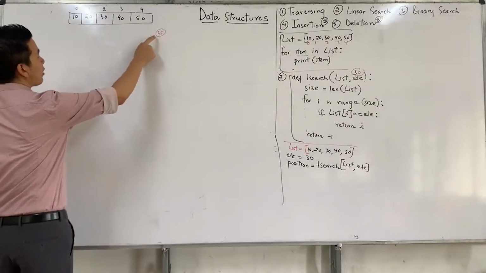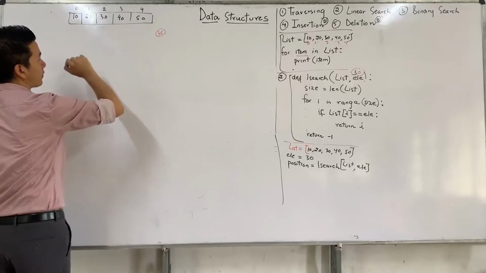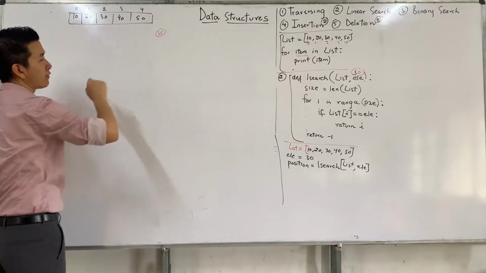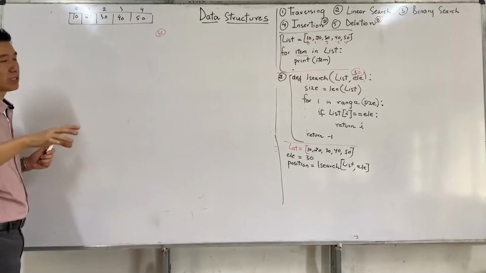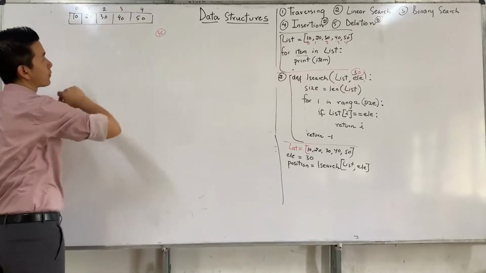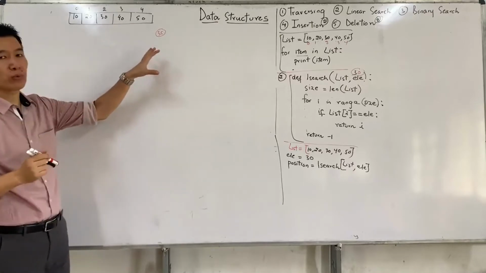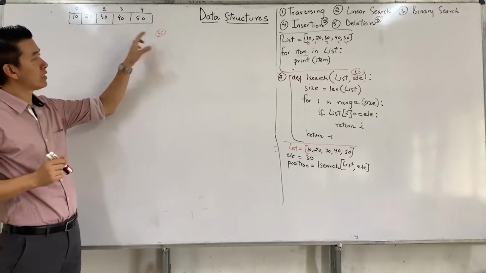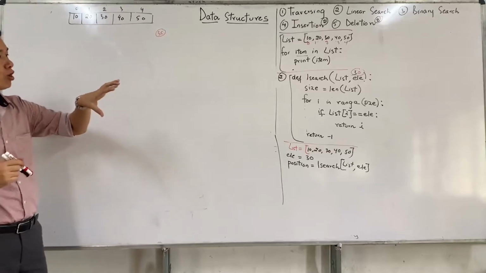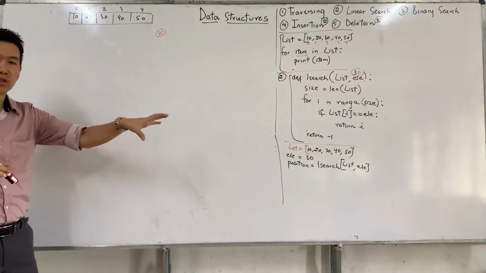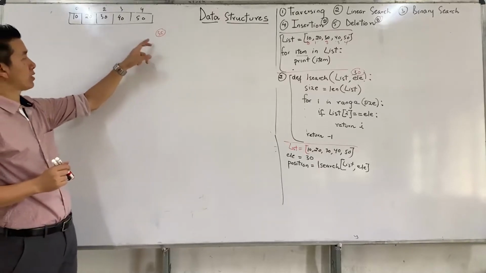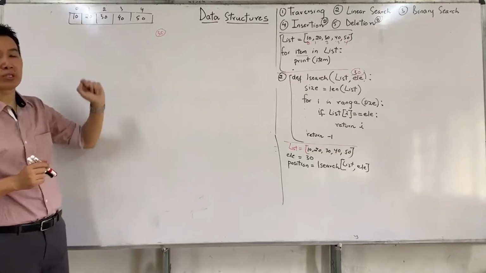This 35 has to come in between 30 and 40, so its appropriate position is 3. This should be here. But once we get the appropriate position, you cannot go on with the insertion straight away. Otherwise 40 will be replaced by 35 and you will lose this value.